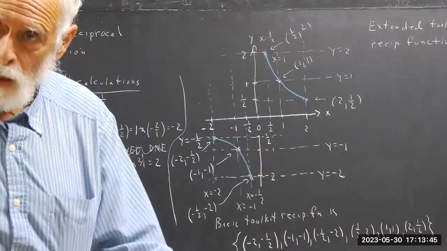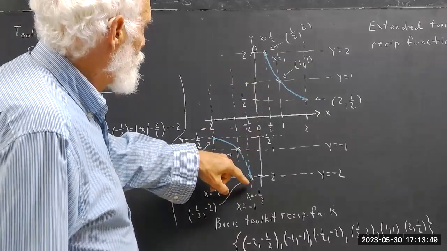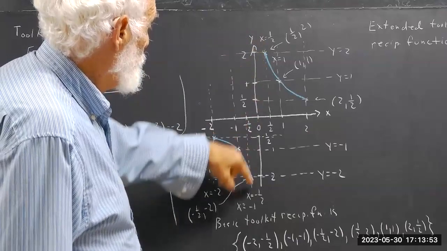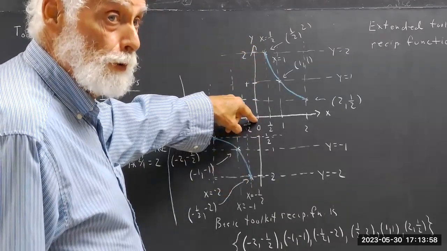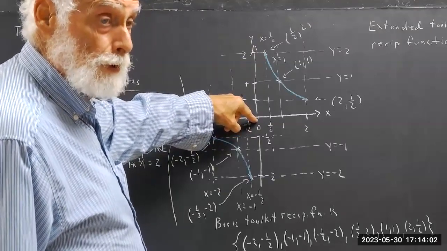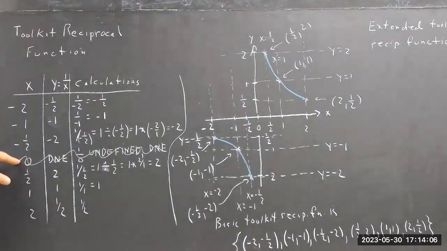If we go through the y-axis, then at whatever point we cross, let's say we just try to connect it by a straight line, it's going to go through the origin, 0, 0. That means that this function has a value when x equals 0, and that value is y equals 0. But it can't have a value at x equals 0 because you can't divide by 0.